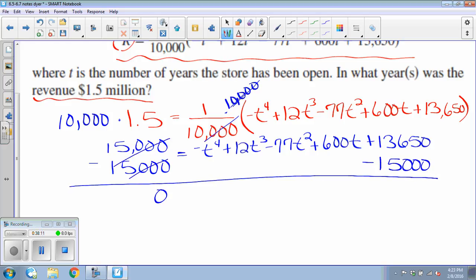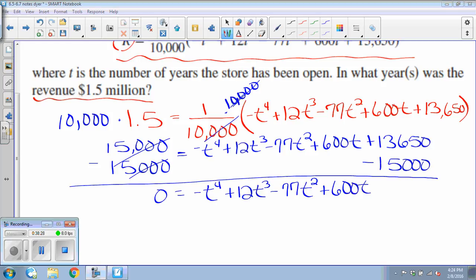So then I have 0 equals negative t to the fourth plus 12t to the third minus 77t squared plus 600t, then minus 1350. So you put that in your calculator as y1, and we go and we look at the table. Except we don't put t to the fourth, we put x to the fourth.